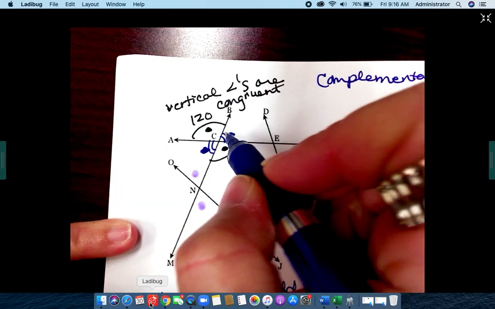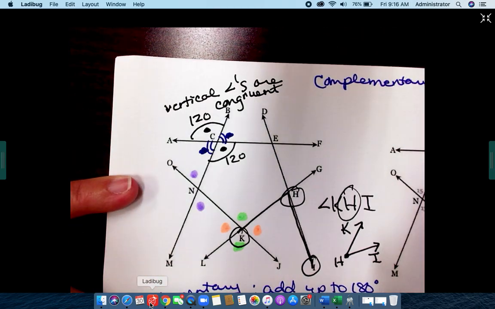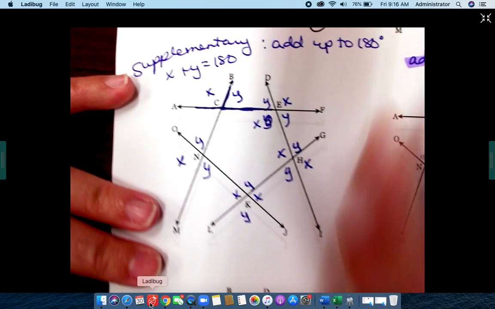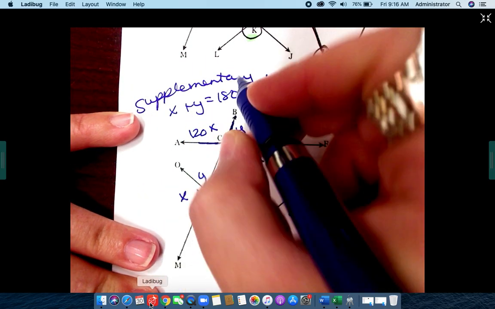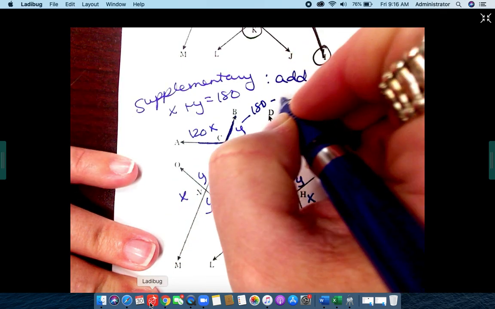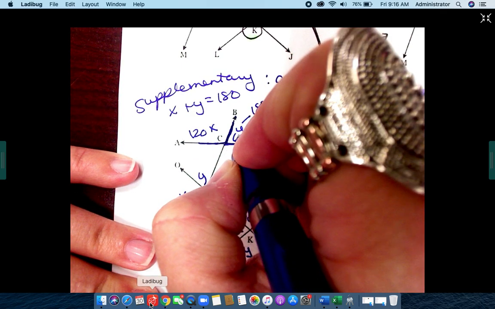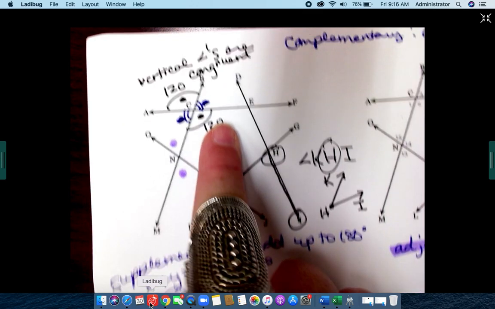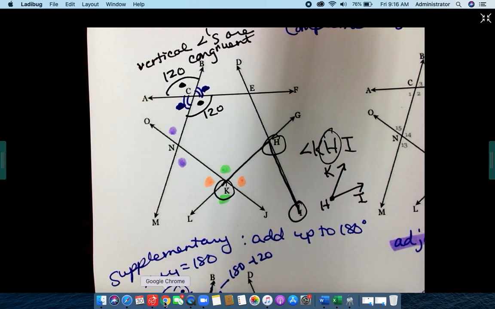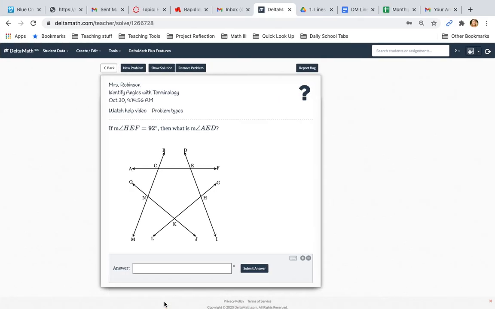And because any two that form a straight line, we just talked about linear pairs. So if I tell you that x is 120, then y would be 180 minus 120, or 60 degrees. So 120 and 60. See how they add up to 180? So just a quick recap, that vertical angles are congruent and supplementary angles add up to 180.